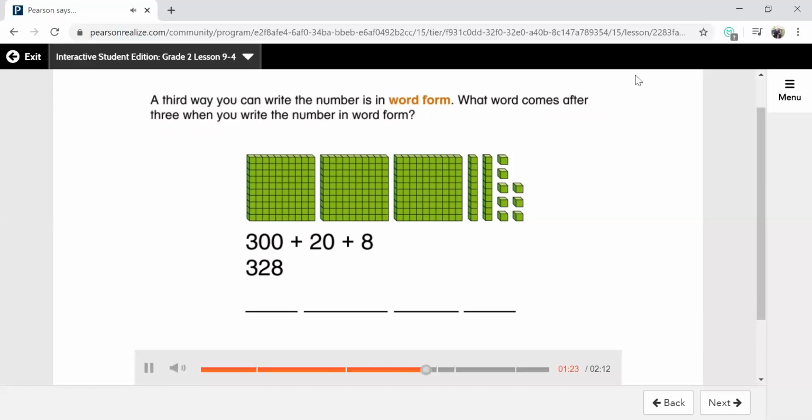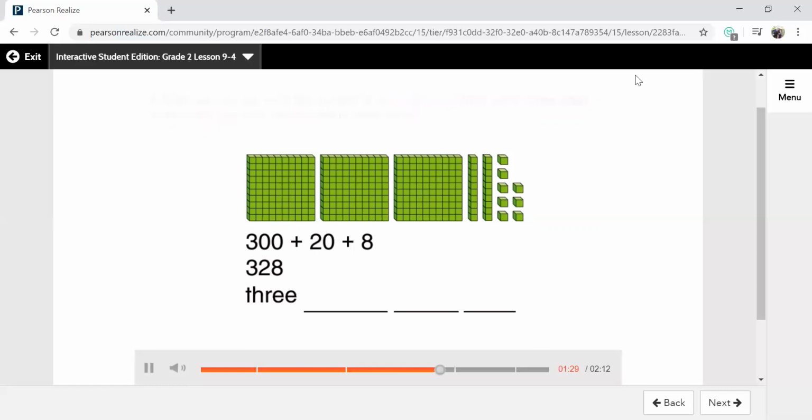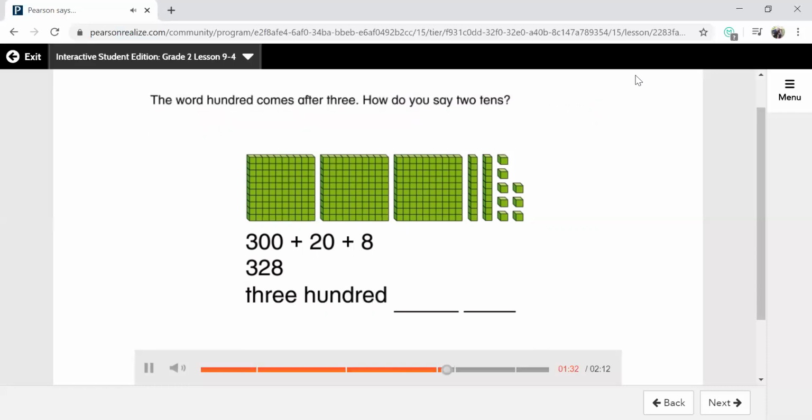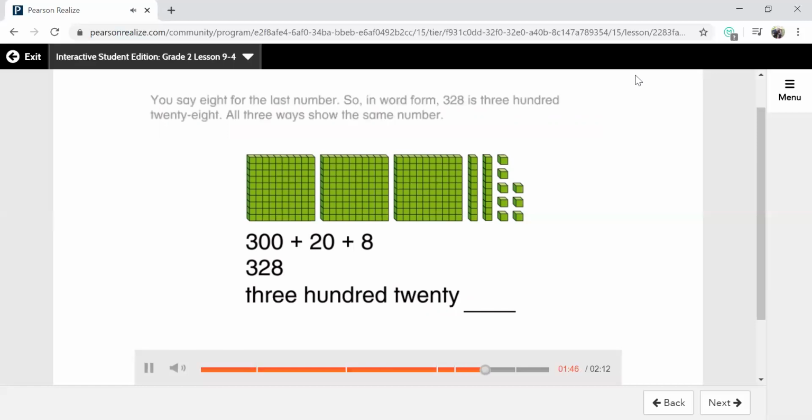Our third way is word form. So they're writing it in words. 3, then what? 100. 300. 20. 320. Now the ones, how many ones? 328.